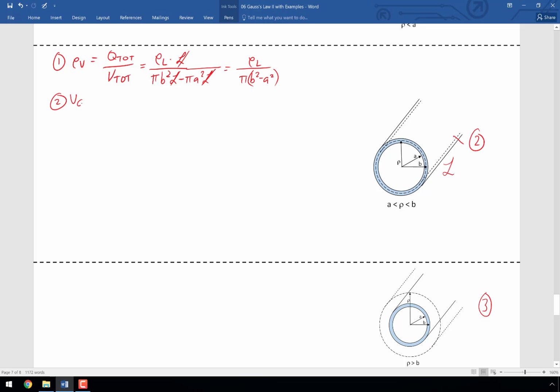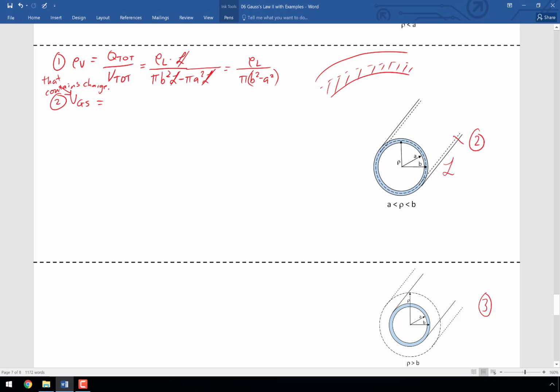Step 2, the volume of the Gaussian surface that contains charge. And I'm going to draw it here this time. So the volume of the Gaussian surface is going to be, again, I'll sort of draw you the picture here. It's the portion that is inside the dotted line, but that contains charge. And so that's going to be this portion right here.